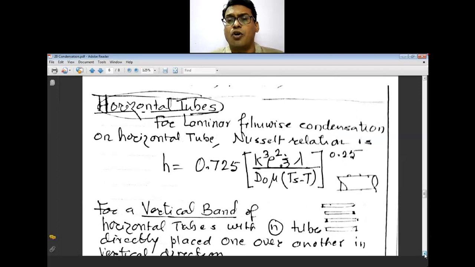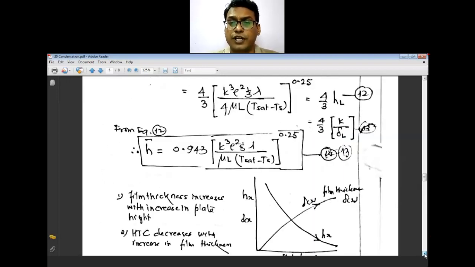Now if it is horizontal tubes, for a vertical tube or vertical plate the factor is 0.943. This derivation gives 0.943.